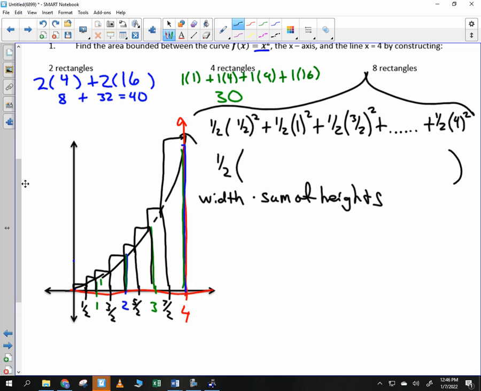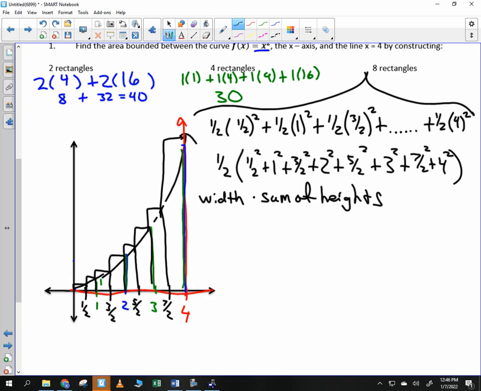Okay, so to determine the heights, we do the following. You said 1/2 squared, 1 squared, 3/2 squared, 2 squared, 5/2 squared, 3 squared, 7/2 squared, and 4 squared. So that's going to take a little bit longer than our previous ones, isn't it? Okay, so we're going to slice and dice in half. Half is right here. Everybody got it?